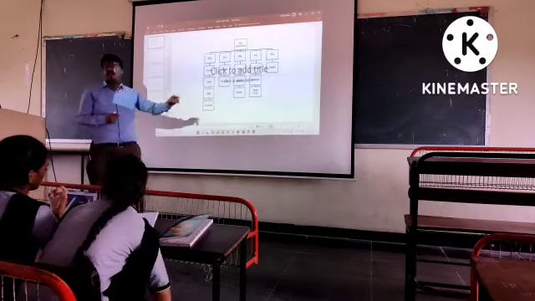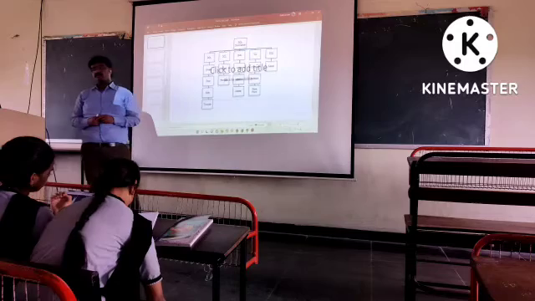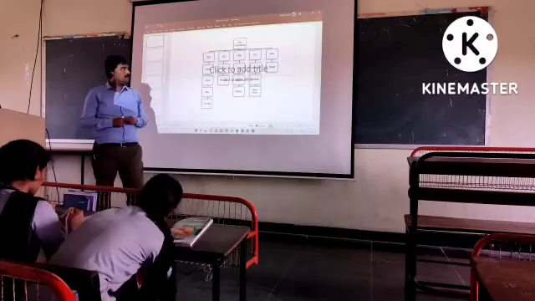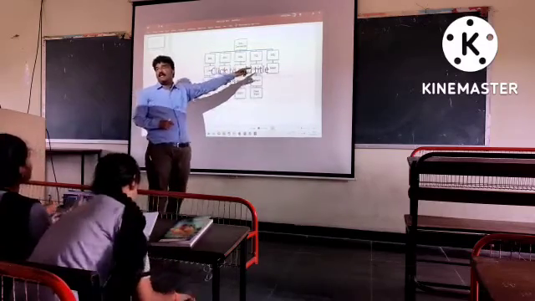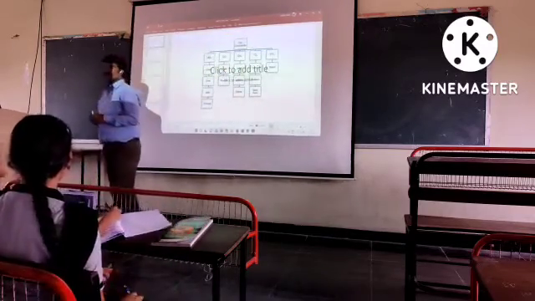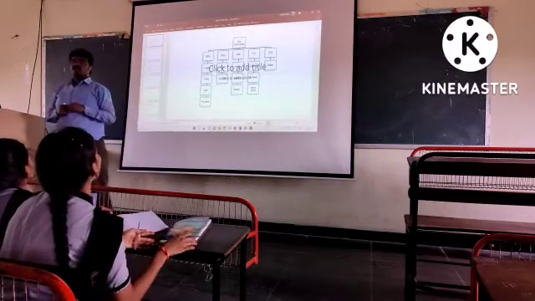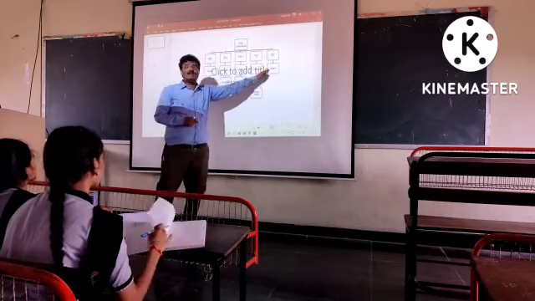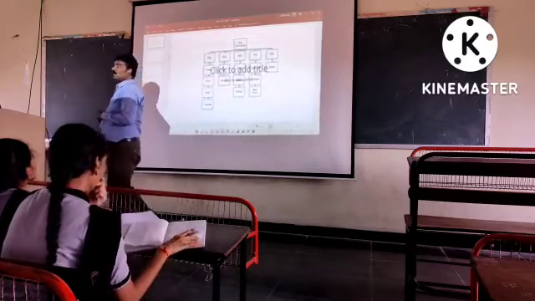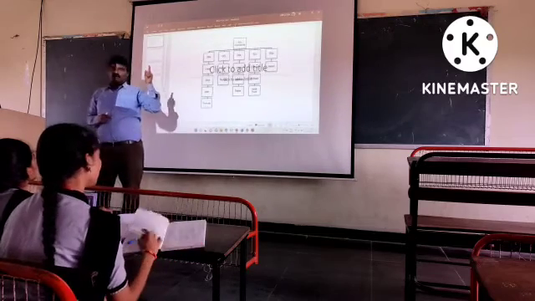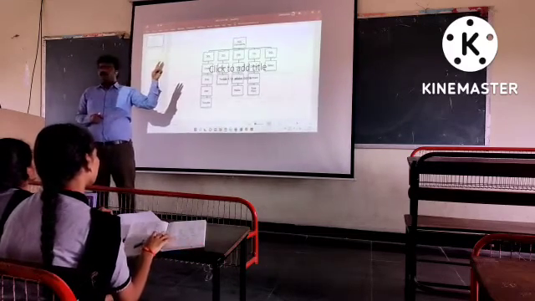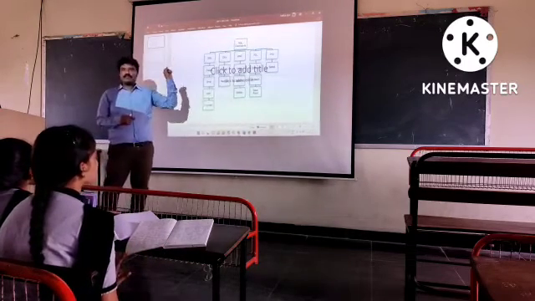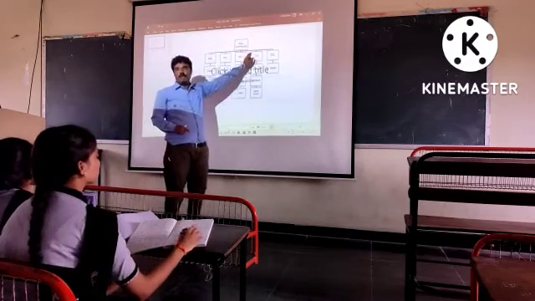Then we have DML, data manipulation language. Then we have TCL, transaction control language. And then we have DQL, data query language. These are the five things to be considered here: DDL, DCL, DML, TCL, DQL. All these five come under your SQL commands.